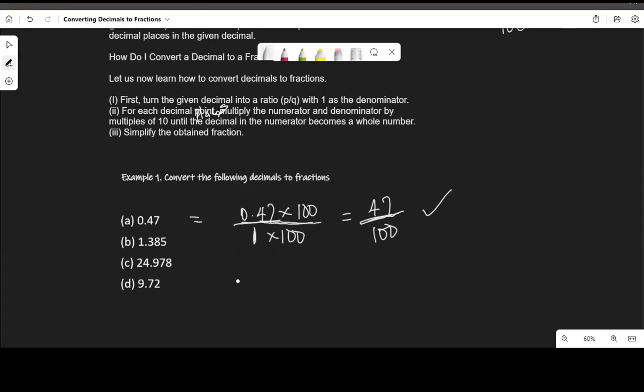Now the B part is 1.385 over 1. Again, to clear this decimal point, we multiply by a power of 10. The power of 10 we are going to use here is 1000, since we have 3 decimal places: 1, 2, and 3.